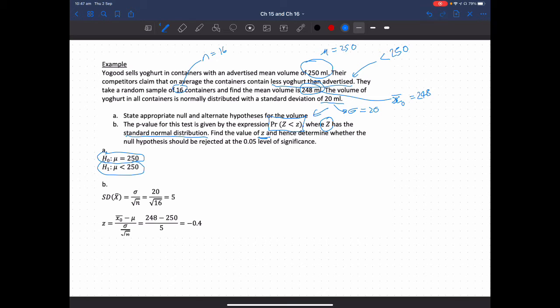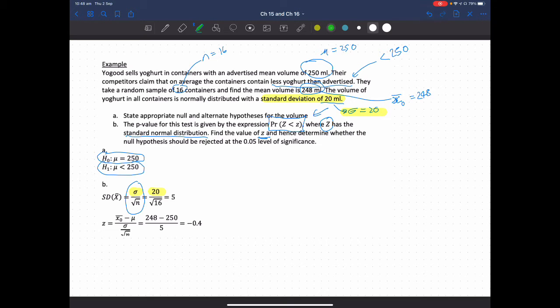So we're going to work out the standard deviation of the sample mean. We know that is given by the formula sigma divided by the square root of n. Sigma we have already identified here, so it is here in the formula, and I have substituted in the 20 there.